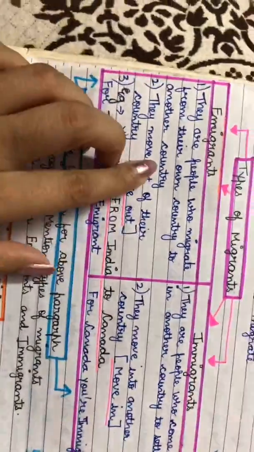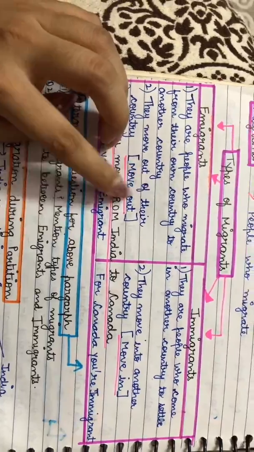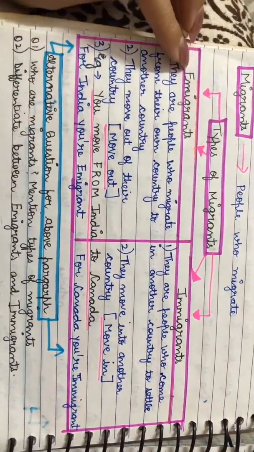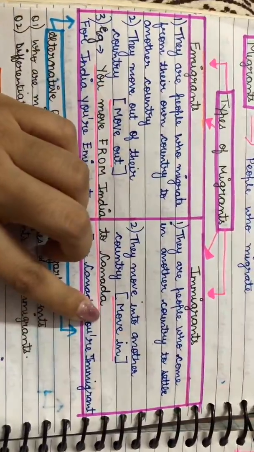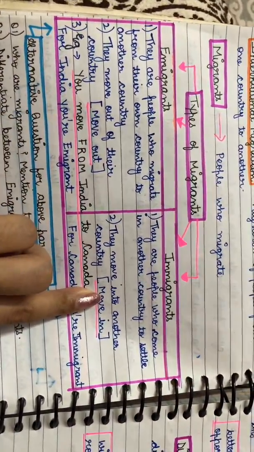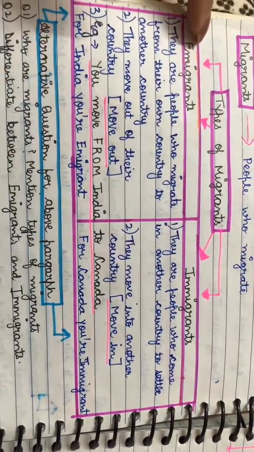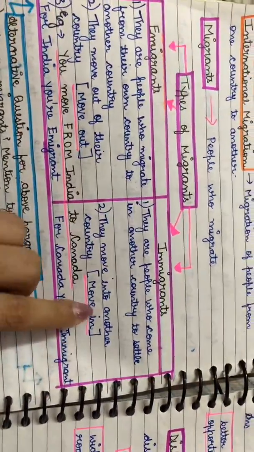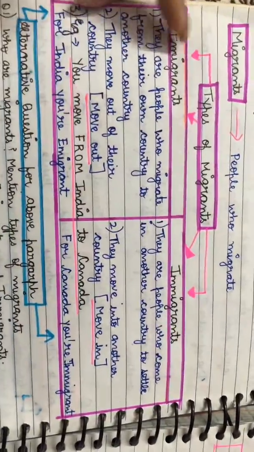Here we have it again. I have highlighted the word for you. When you move out of your own country, when you move into another country. When you move out, what do you become? When you move in, what do you become? Immigrant. When you move out, emigrant.